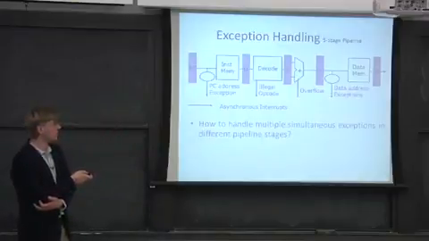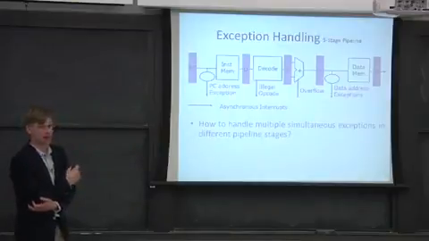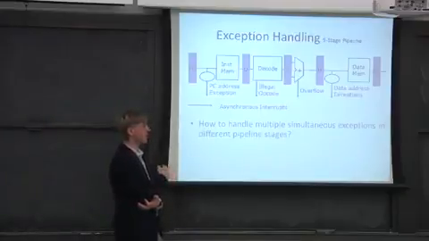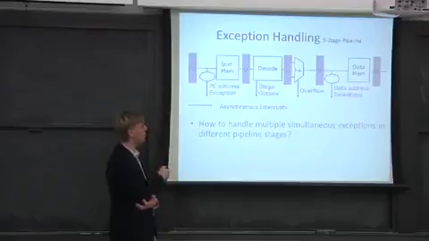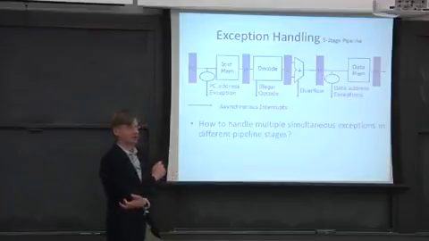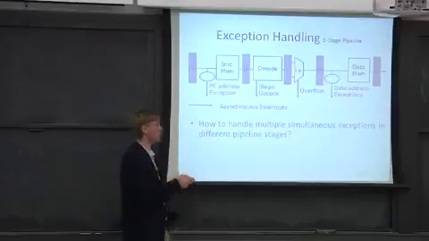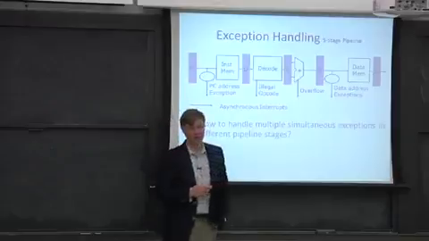So let's think about that. That means it's probably going to want to kill everything behind it if there is an exception that has happened here. So if we have multiple things generating exceptions at the same time, the oldest instruction in the pipe, the instruction that's been in the pipe the longest, is going to want to kill all the rest of the things.